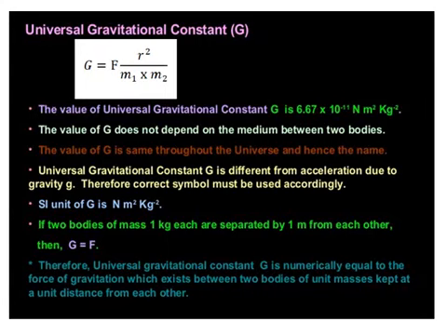If two bodies of mass 1 kilogram each are separated by 1 meter from each other, then numerically G will be equal to F. Therefore, the universal gravitational constant G is numerically equal to the force of gravitation which exists between two bodies of unit masses kept at a unit distance from each other.